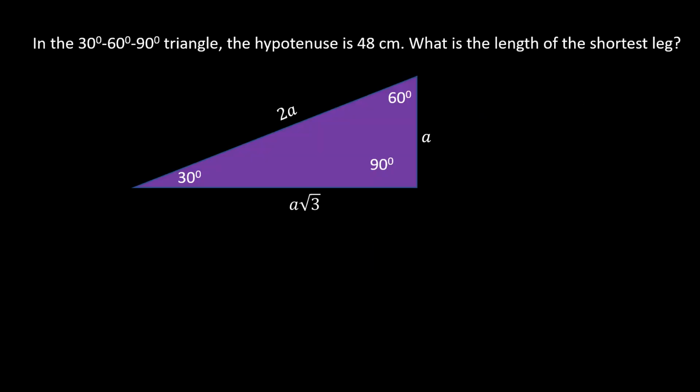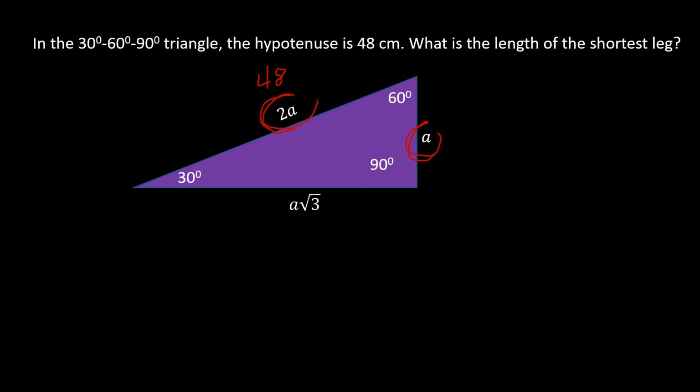In a 30, 60, 90 triangle, the hypotenuse is 48. What is the length of the shortest leg? So since the shortest leg will be half of the hypotenuse, or vice versa, the hypotenuse is twice the shortest leg, and the hypotenuse is 48, what should be the number that if you make it twice is 48?